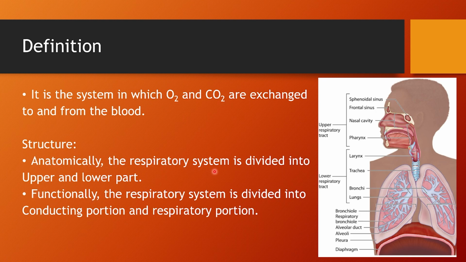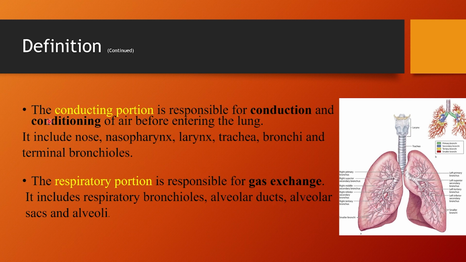Anatomically, the respiratory system is divided into upper and lower parts, and functionally it is divided into conducting portion and respiratory portion. The conducting portion is responsible for conduction and conditioning of air before entering the body.